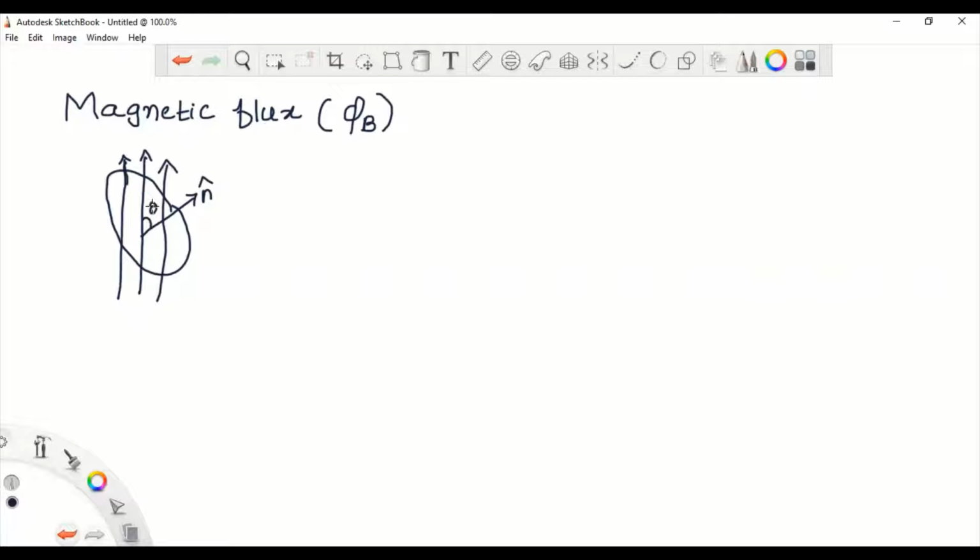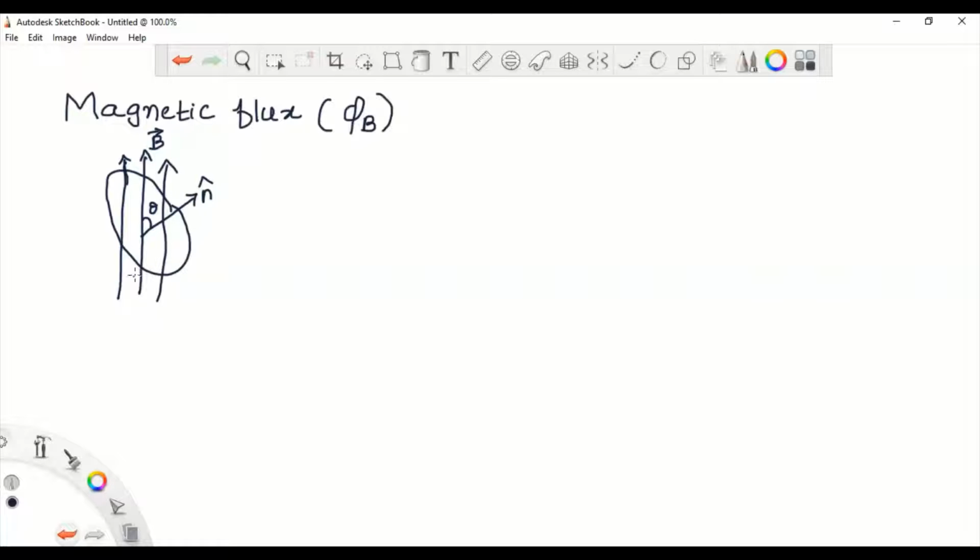So this is the angle theta. Magnetic field lines are represented by B vector. So I told you that the magnetic flux through an area A in a magnetic field is defined as the number of magnetic field lines passing through that area normally.